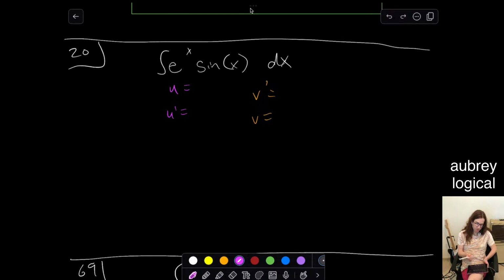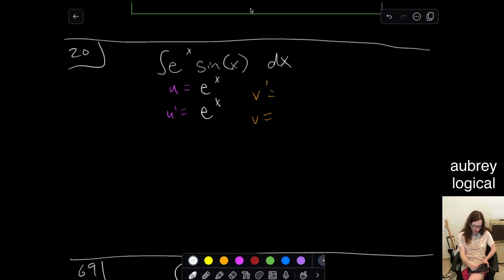So antiderivative, it'll flip between sine to negative cosine to negative sine to positive cosine to positive sine to negative cosine. It's just going to keep flipping back and forth between sine and cosine. So it doesn't really matter what we pick here. So let's just do e to the x.